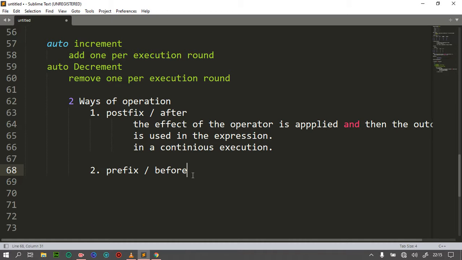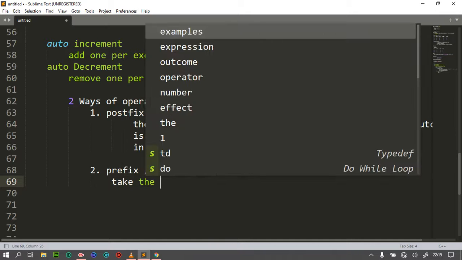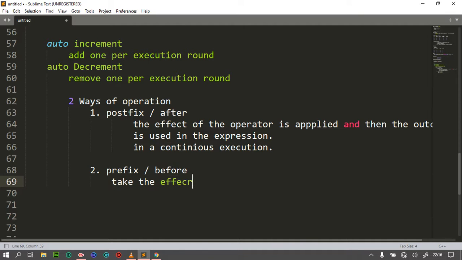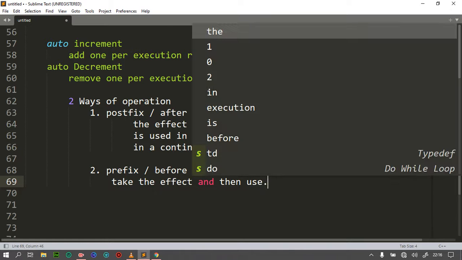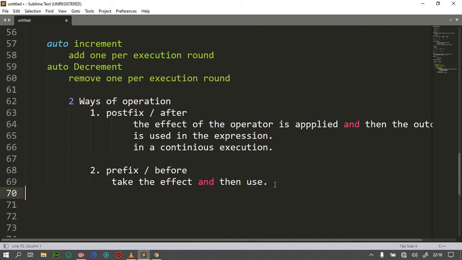Are we together? So here it means take the effect and then use. Okay, take the effect and then use. The effect of the operator is applied.